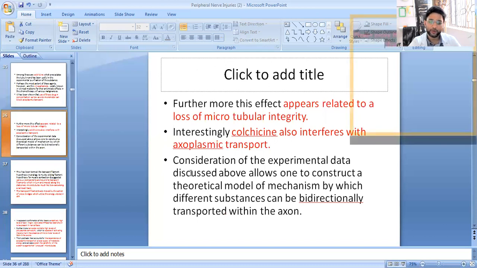Consideration of the experimental data discussed above allows one to construct a theoretical model of the mechanism by which different substances can be bidirectionally transported within the axon.